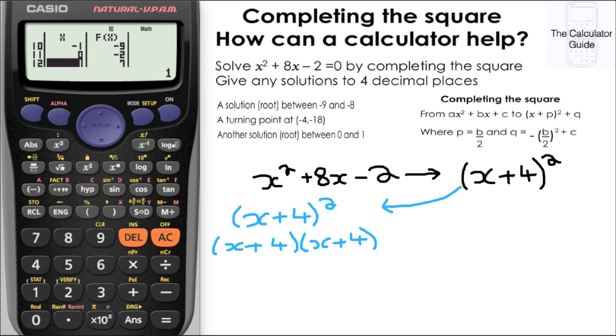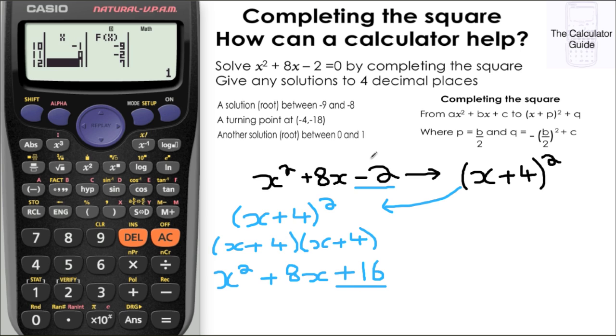If I expand that out, I should have x squared plus 8x plus 16. I'm making a comparison between this and my actual quadratic equation. I've got plus 16 on the end, but what I've actually got is minus 2, so they're different.